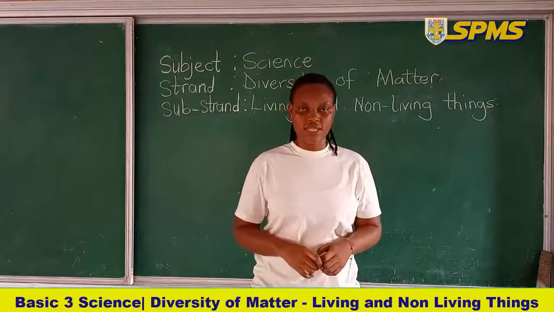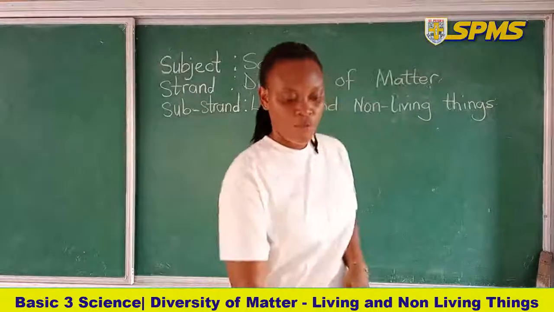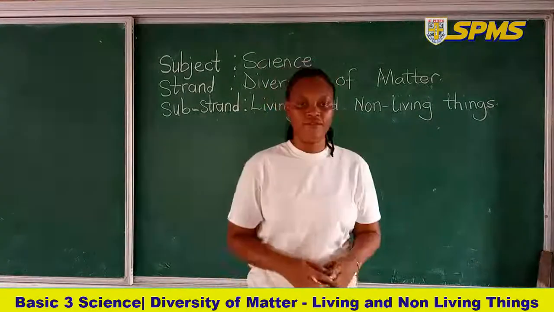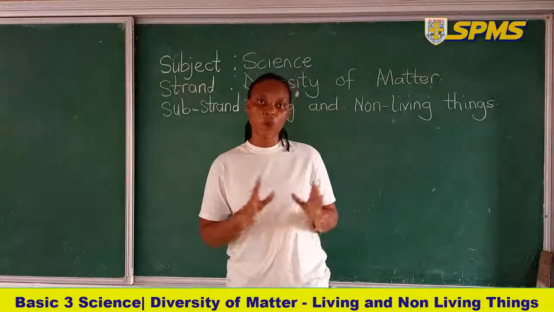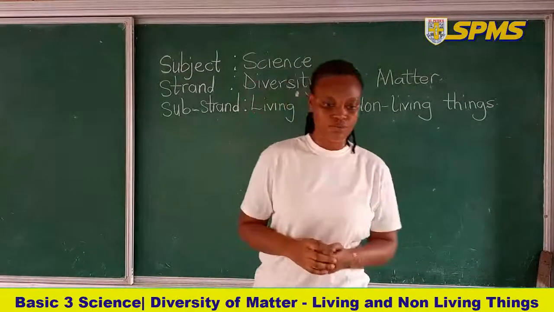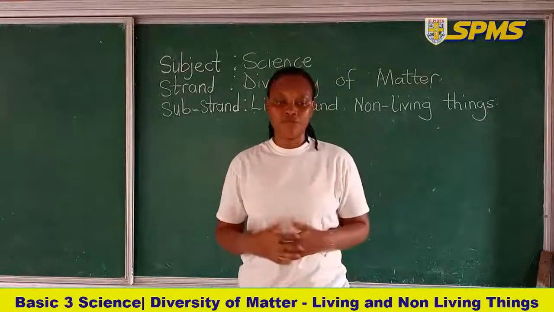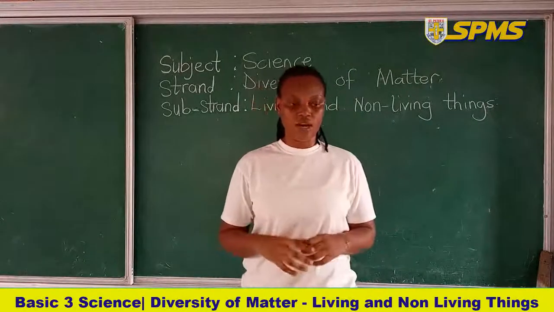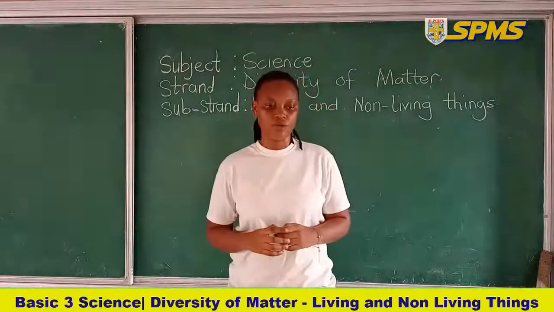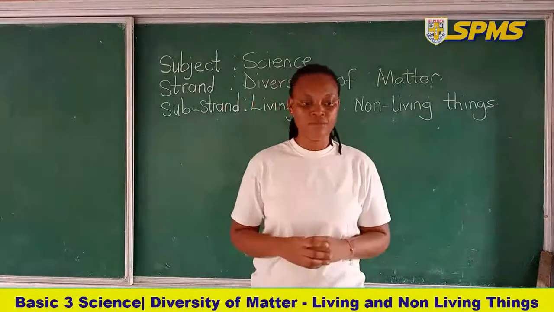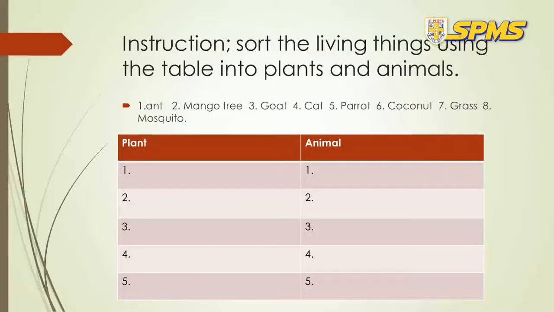Now take your jotters. We have a small exercise to do. When we meet on Zoom, I'll ask for it and then we'll do it together in the Zoom class. Sort the living things using the table into plants and animals.